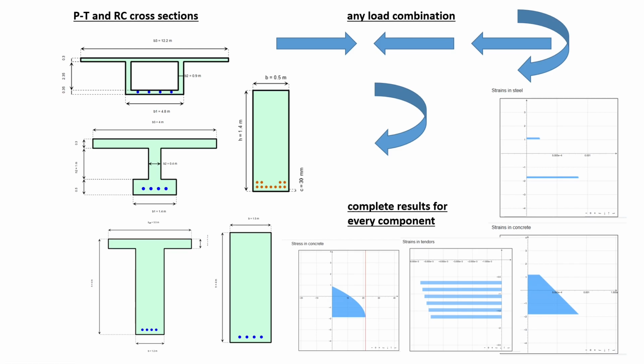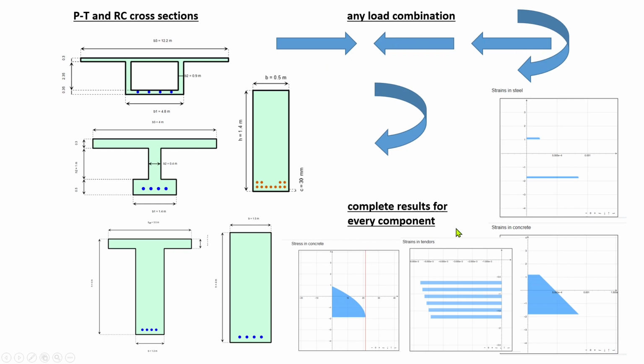But in the further future we are aiming to compute also non-orthogonal cross sections, absolutely free cross sections. But for now, we have introduced box, rectangular, double T and T-shaped cross sections, and we can load this cross section with axial force and bending, and or pure bending.